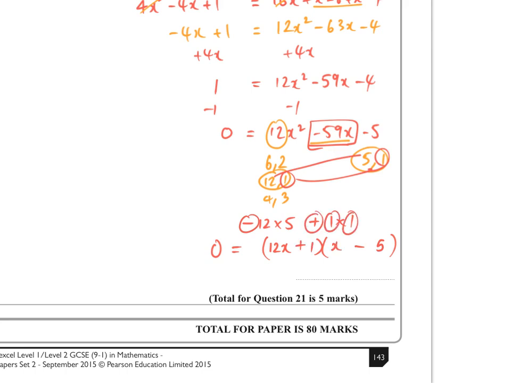So I'll have 12x plus 1 times x minus 5, and if I solve that equal to 0, it means that this could be 0, which means x could be negative 1/12, or this could be 0, and the only thing to make this 0 is when x is 5. So that'd be my two solutions. So quite a difficult question there.